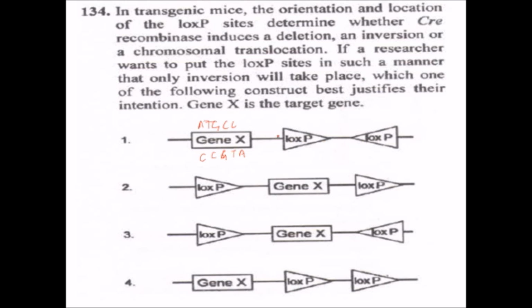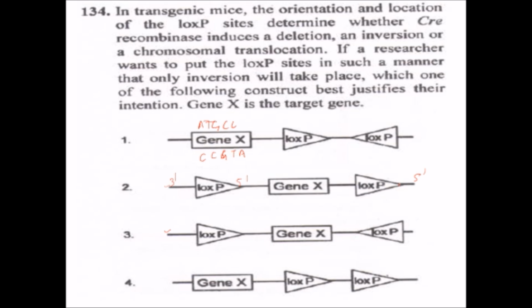If the gene is outside the lox sites, not in between, then inversion is not possible. Here we have to choose the construct which best describes the inversion. The best thing is that if it is inverting, then it should be in between these two sites, and these two options have some confusion. Suppose we take this as the 3 prime and this as the 5 prime end, then it will be 5 prime.